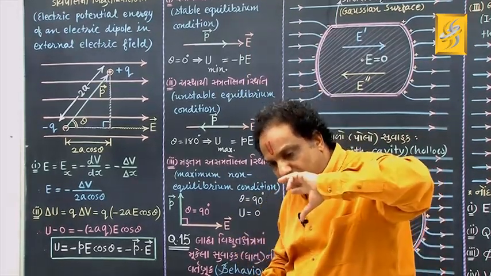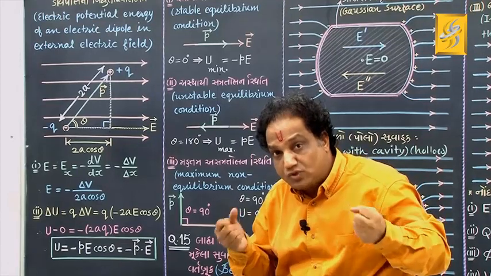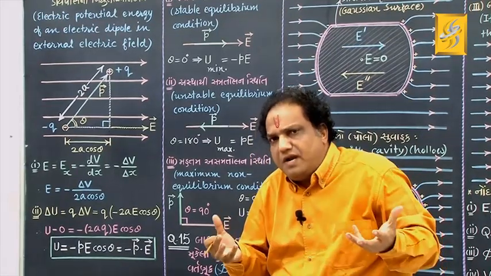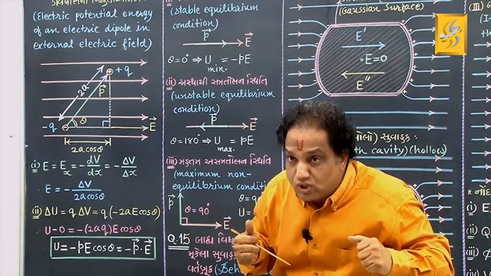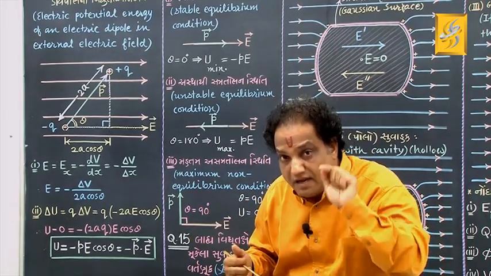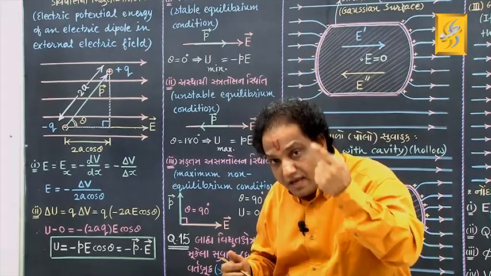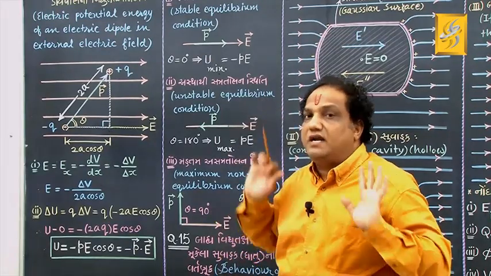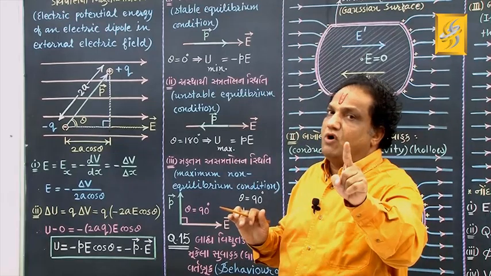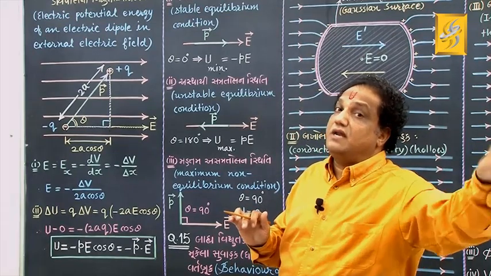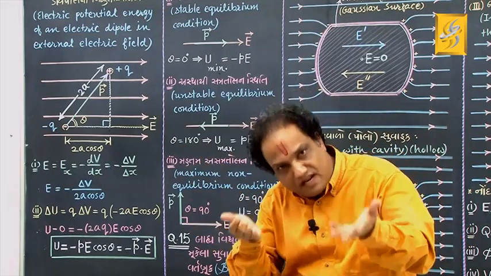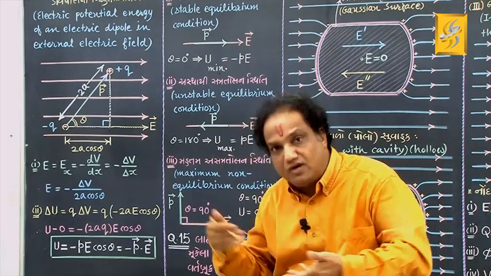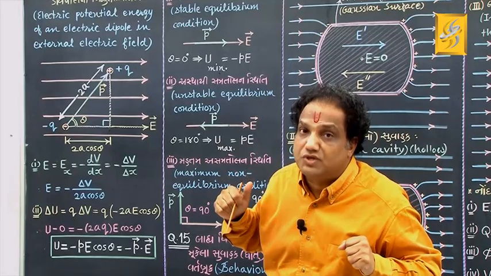But while exerting that torque, I have to do some work, and depending upon the amount of work, I need to spend some energy also. So at that time, energy spent by me gets stored in that electric dipole in the form of electric potential energy. That's why it possesses that energy, and that's why we require to derive its expression.